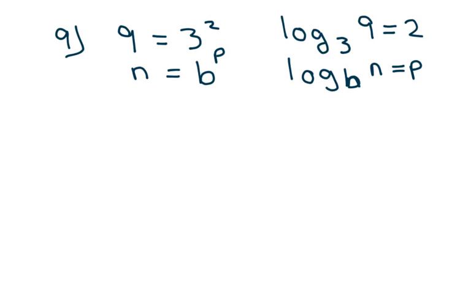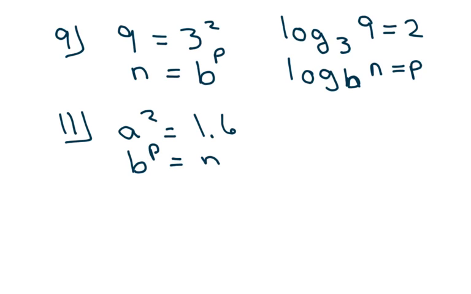Now let's do some more. I'm going to flip it. I don't like how they have it. Okay, I'm going to flip it like they have it here. 11. They have a squared equals 1.6. So I'm going to change this. This is your base to some power equals n.